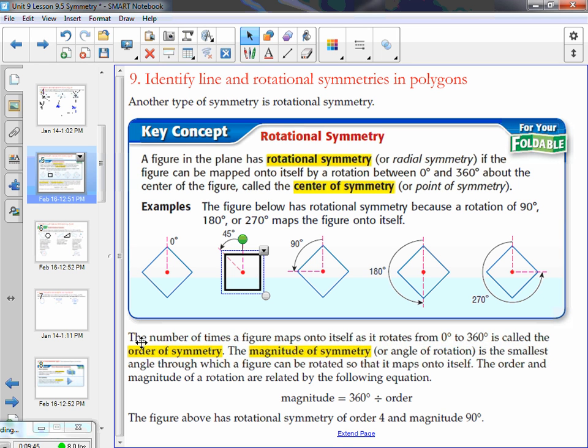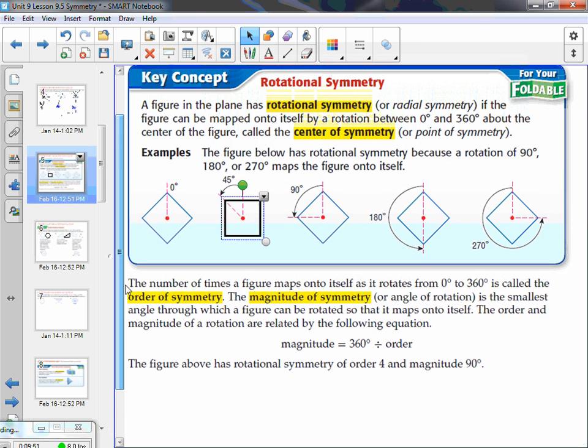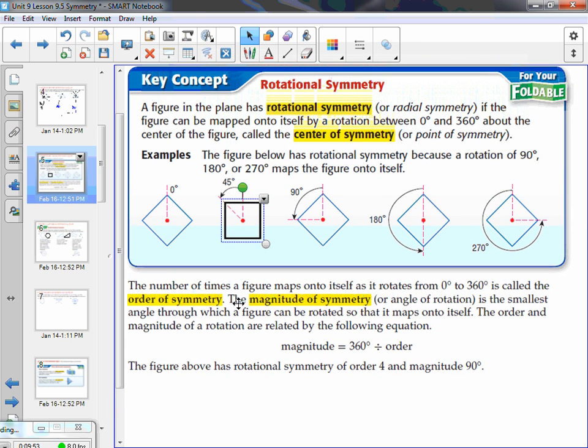And then there's some other things we want to be able to tell about rotational symmetry called order of symmetry and magnitude of symmetry. This is the number of times a figure maps onto itself as it rotates from 0 to 360 is called the order. So what was the order here? Well, let's count them. 1, 2, 3, and then back to 4.